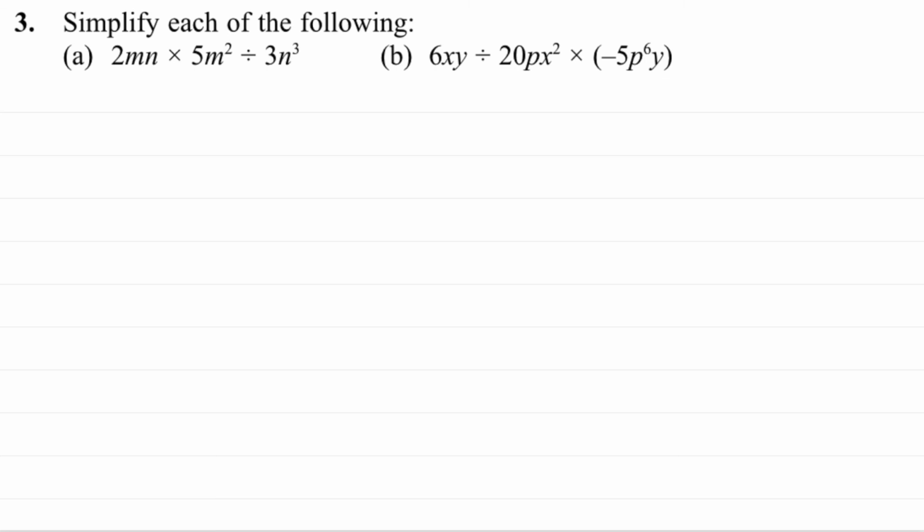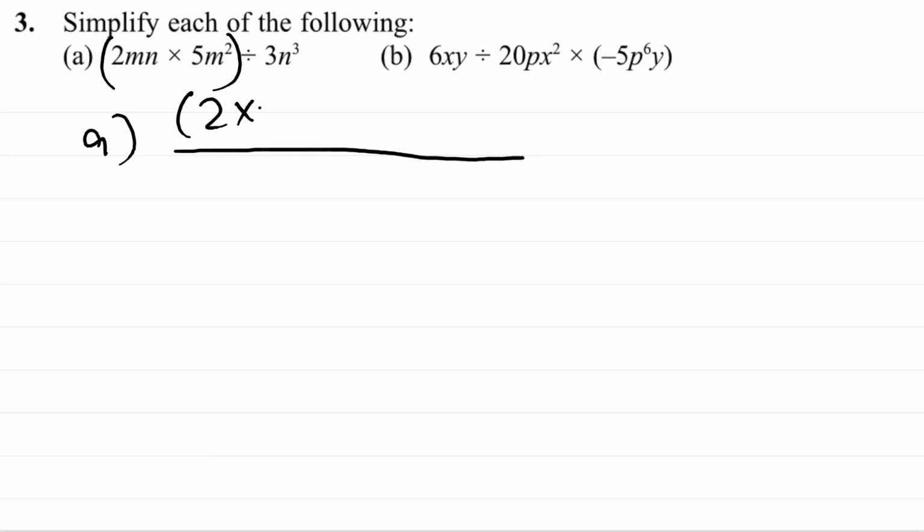Now, simplify each of the following. Sekarang dia melibatkan lebih daripada satu operasi. So, apa yang kita boleh buat kat sini? Kalau dia darab, dia masih berada pada numerator. Dan kalau dia bahagi, dia berada di denominator. So, untuk yang darab ni, okay, kita kumpulkan nombor dulu. Maknanya 2 darab 5, satu tempat. And then, M darab N darab M darab M. Macam tu. Okay.